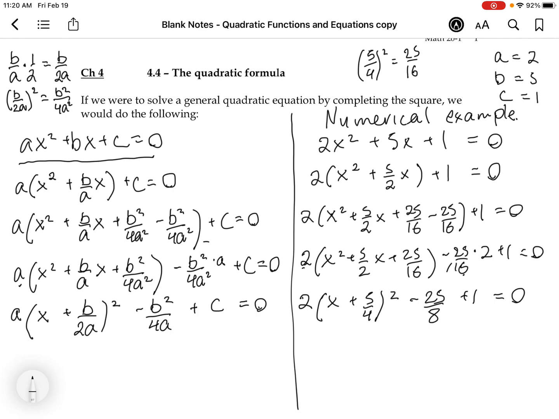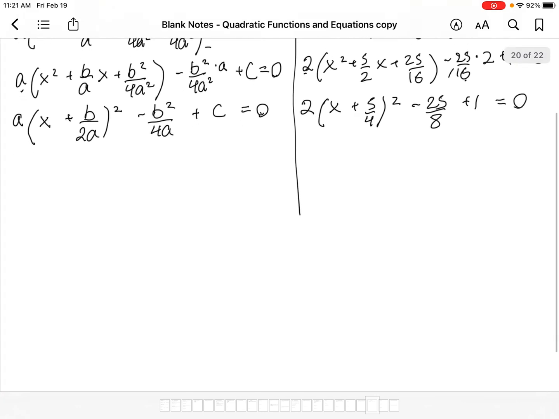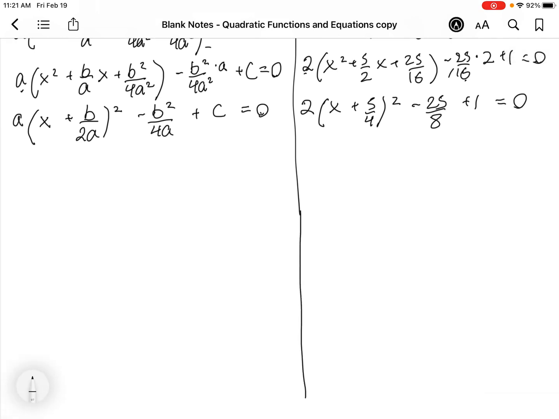Okay, and now what I'm going to do is bring these terms, the minus b squared over 4a plus c, and then negative 25 over 8 plus 1 over to the other side.